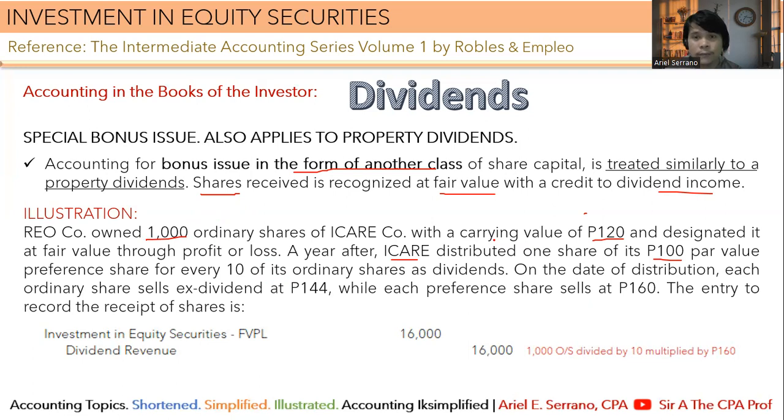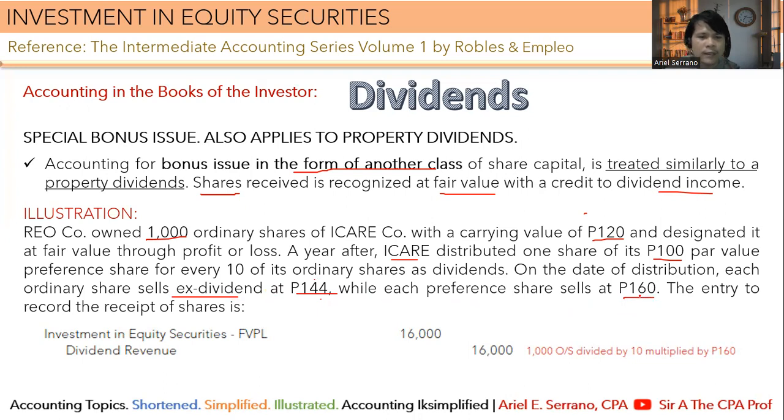Okay? On the date of distribution, each ordinary share sells ex-dividend at 144. This means the 144 represents only the share price without the dividend. When it is dividends on, the price still includes the dividend. While each preference share sells at 160.